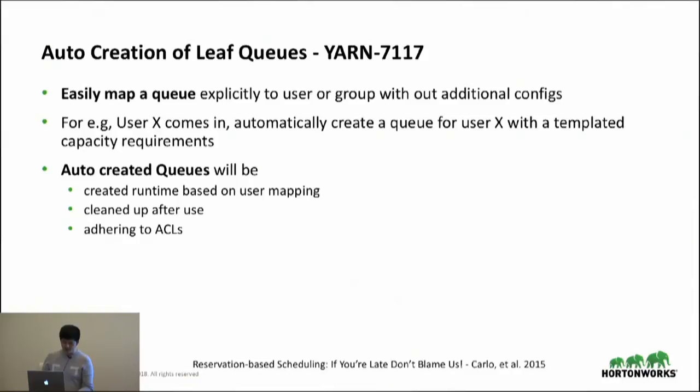So, more dynamically, we can set the queue hierarchy and queue mapping, compared with the previous approach where we always needed to set all the queue mappings and queue configurations in advance. That's a very good thing for us, making dynamic creation of the leaf queues.